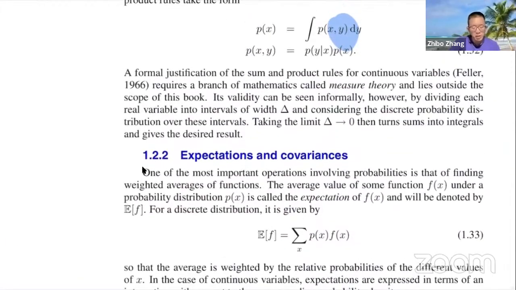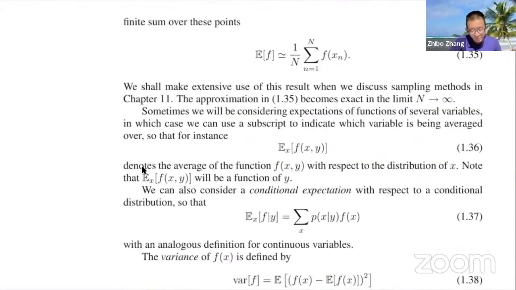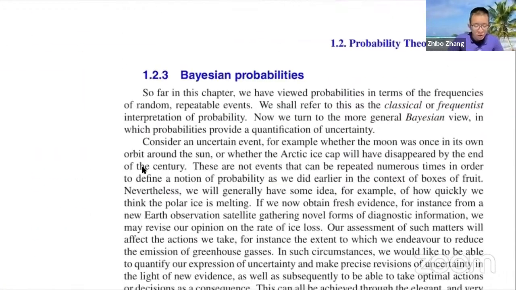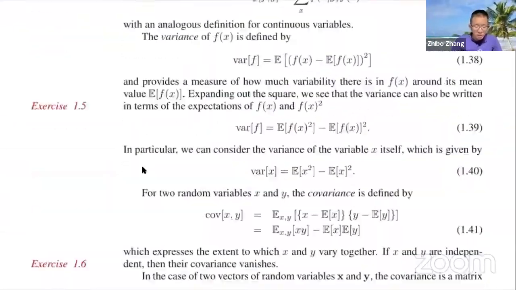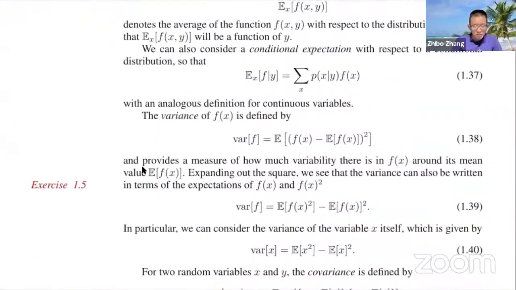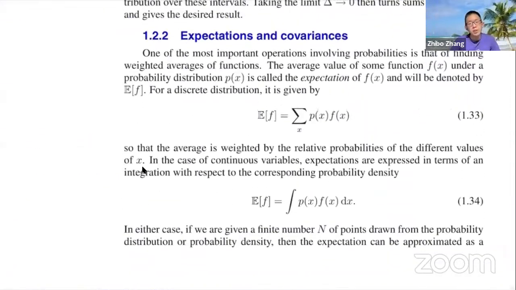So the next subsection is about expectations and covariances, which is critically important, I have to say, because it's a really useful concept, not only for statistics but also for machine learning.